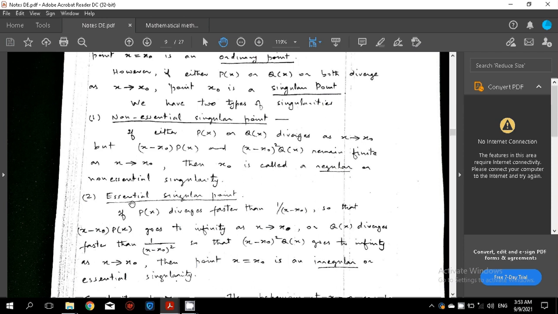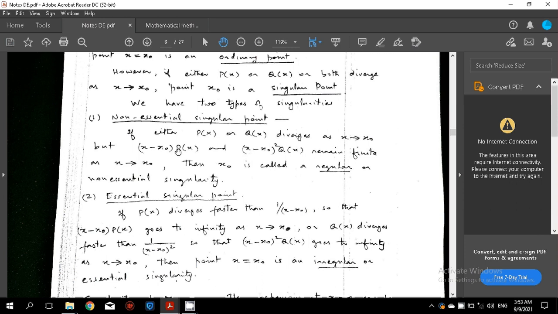So this is the definition of a regular singular point or non-essential singular point of a differential equation. Whereas the second type of singularity is the essential singular point, in which capital P(x) and capital Q(x) both diverge, but now x minus x naught into P(x) and x minus x naught square into Q(x) still remain infinite.